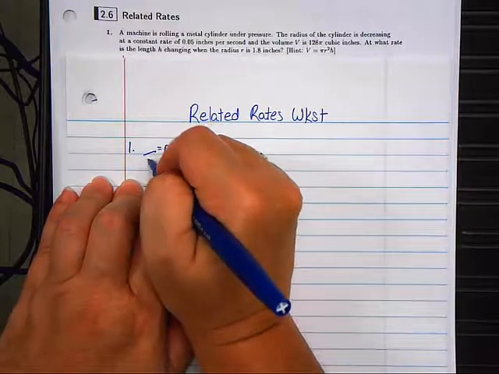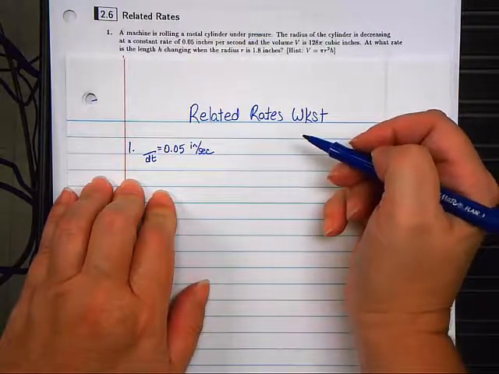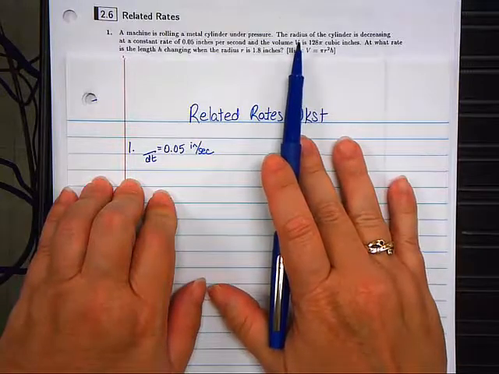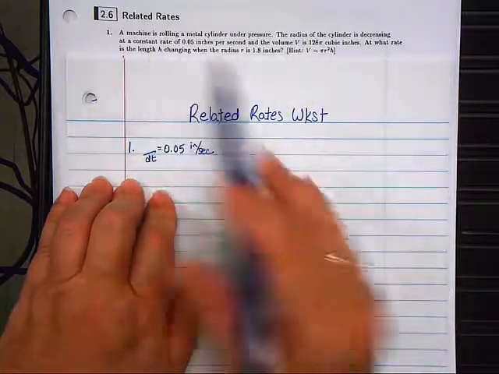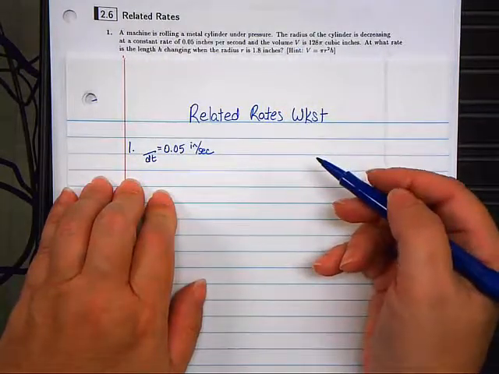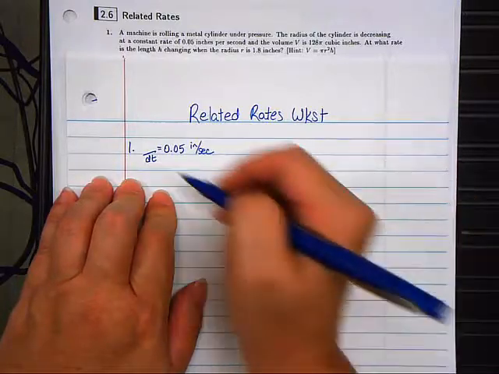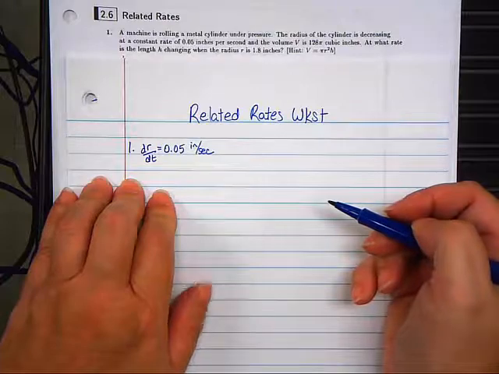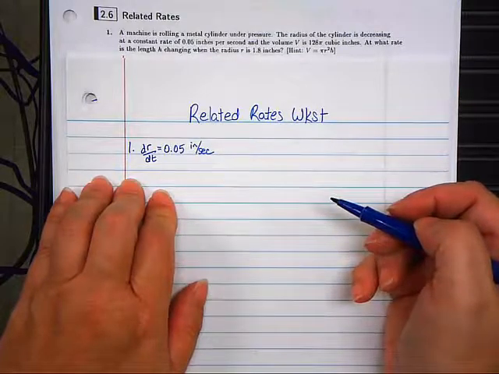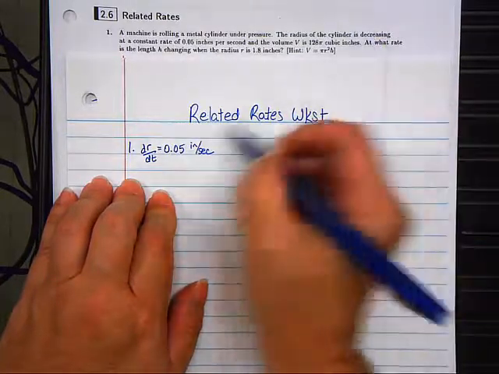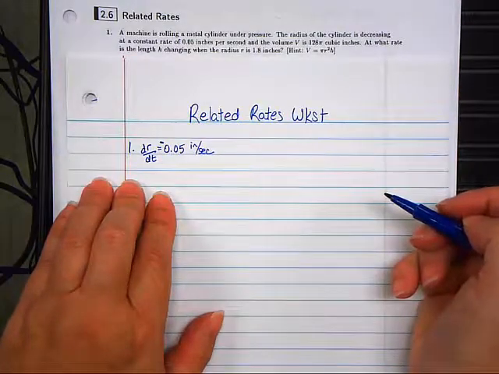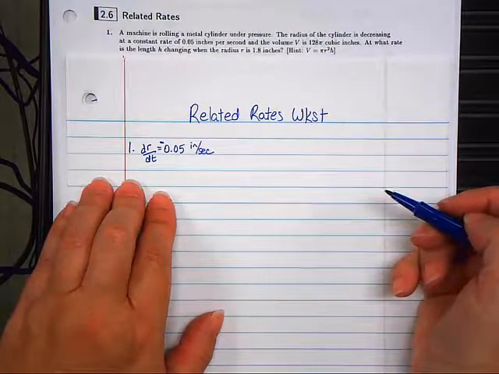So it equals something over dt. It says the radius is decreasing at a constant rate. So what should it be? dr, because it's radius. dr dt. Why should we make it negative? Because it's decreasing. So yes, it should be negative, because the radius is getting smaller when you roll it.